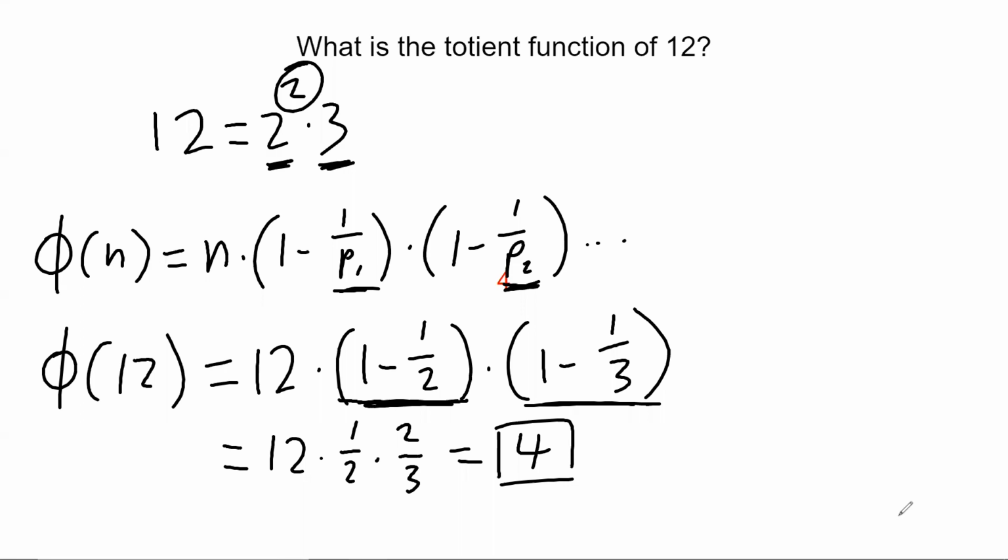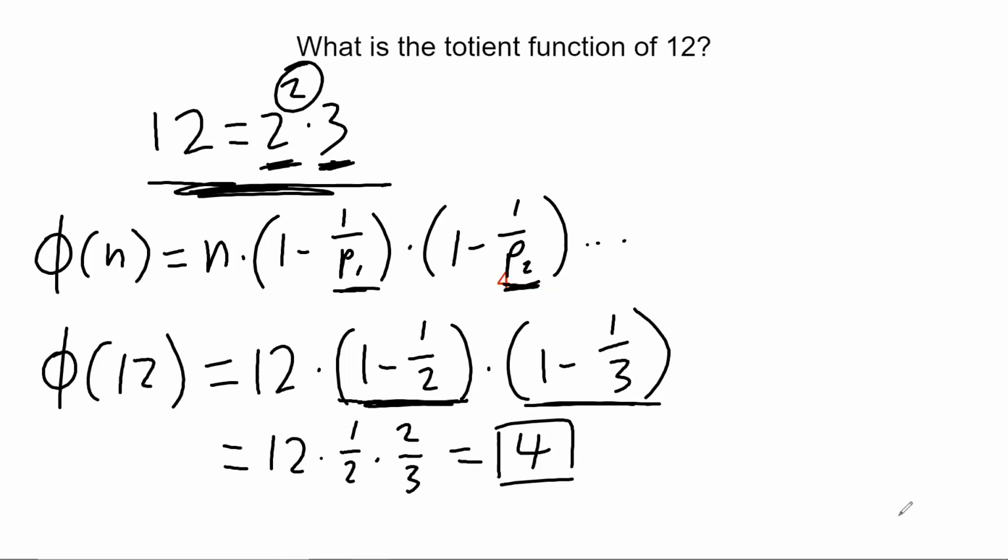The Totient function of a number gives the number of positive integers relatively prime to it that are less than or equal to that number. Yes, the p's are all prime factors. So when you prime factorize a number they give you, you would get a certain number of prime factors here.